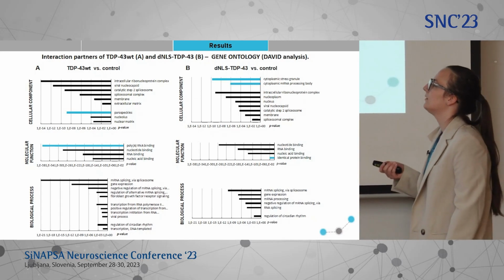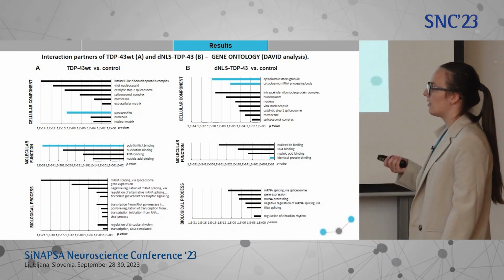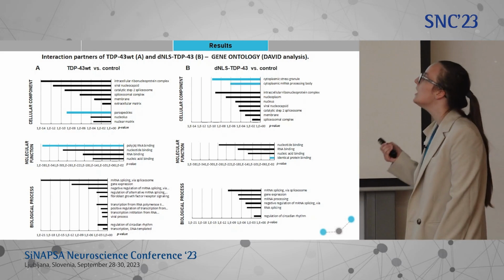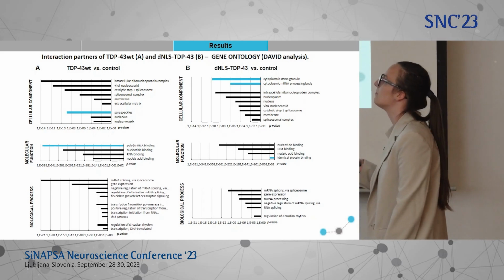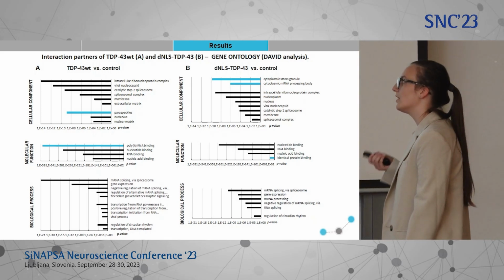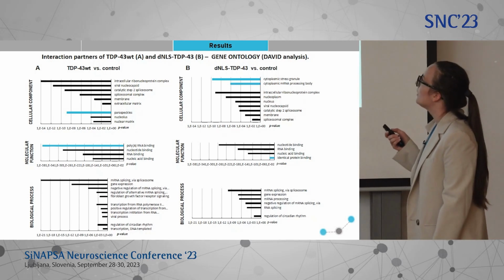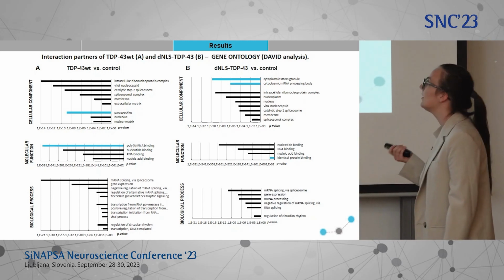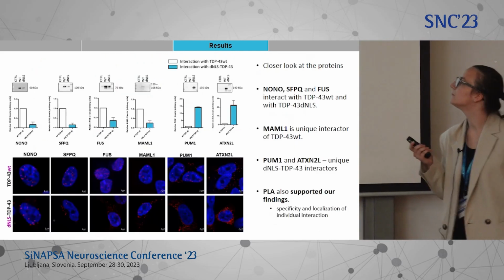We also examined the cellular compartments, molecular functions, and roles of these proteins in biological processes. Here we take a closer look at cellular compartments. Interaction partners of wild-type TDP-43 were parts of paraspeckles, and the interaction partners of delta NLS TDP-43 were part of cytoplasmic stress granules and cytoplasmic processing bodies, or P-bodies.